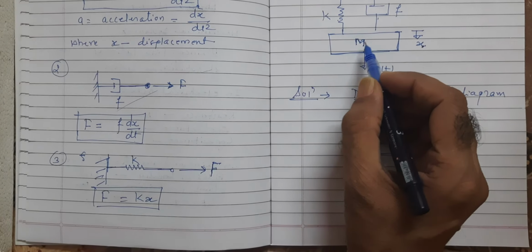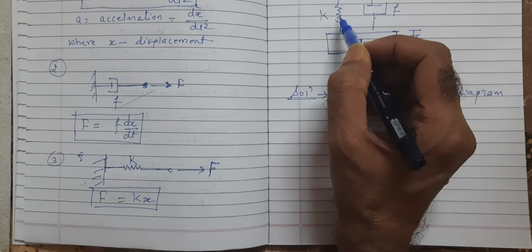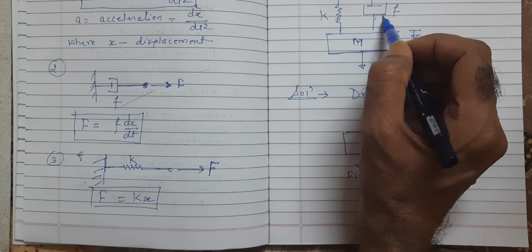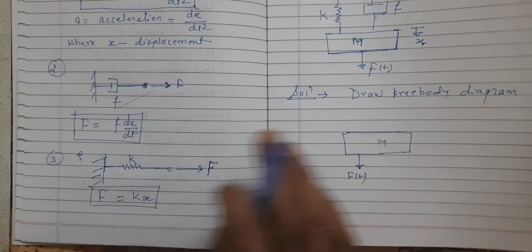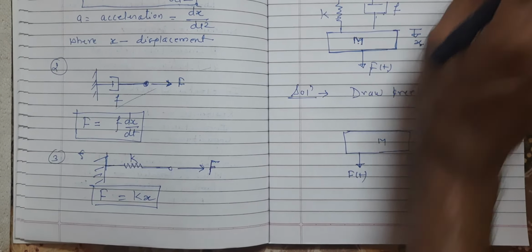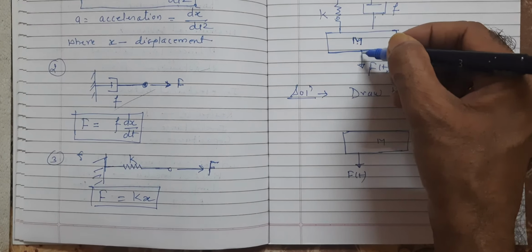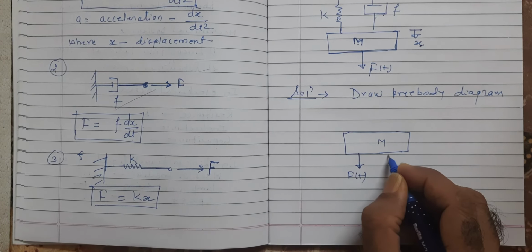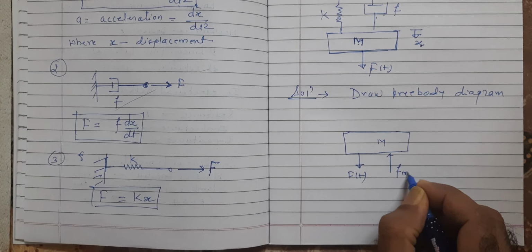Now at this m, the force due to m, force due to k and force due to f will appear in the free body diagram. The applied force is in the downward direction, so the rest of the forces will act in the upward direction.